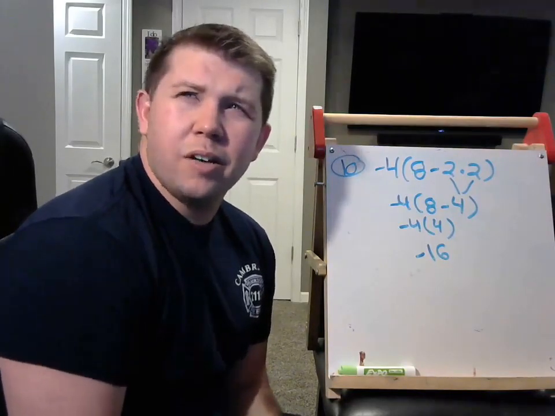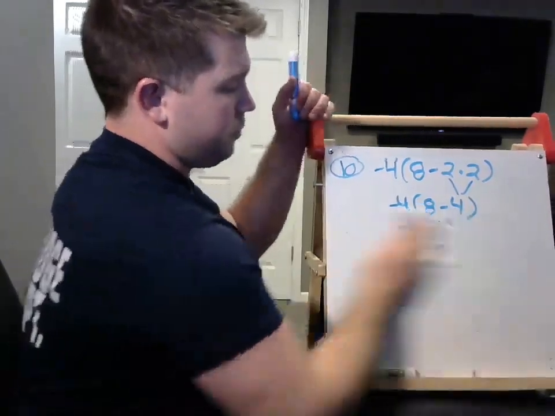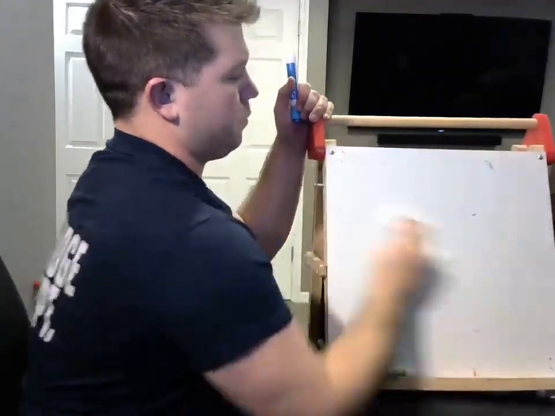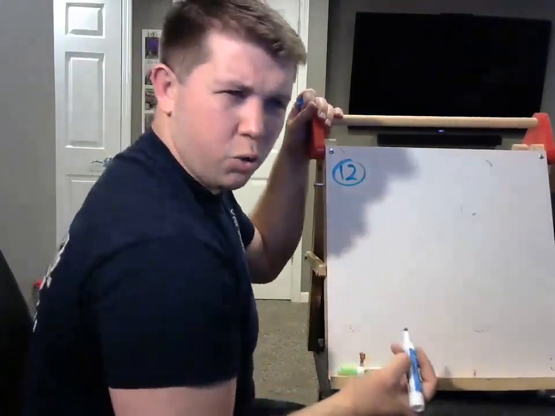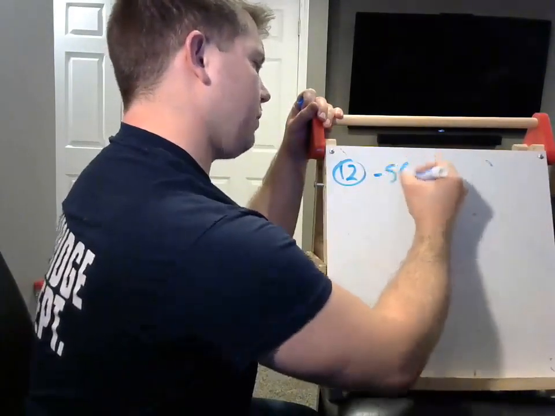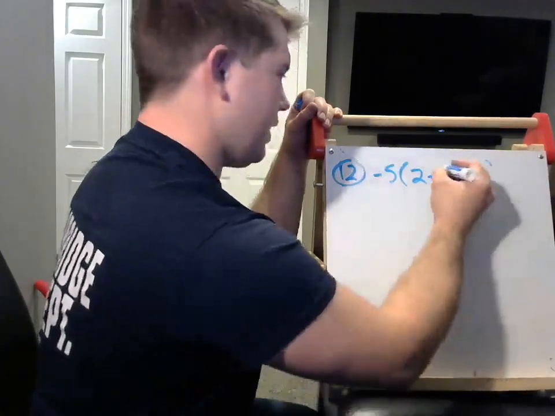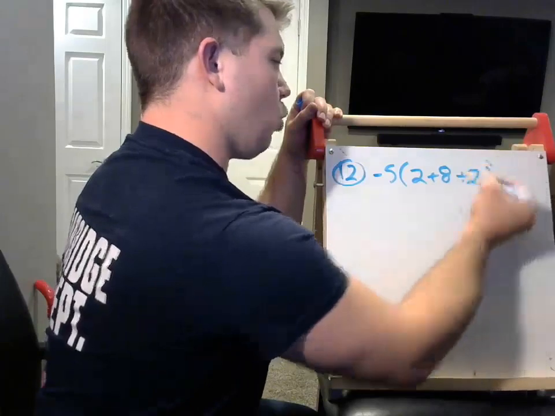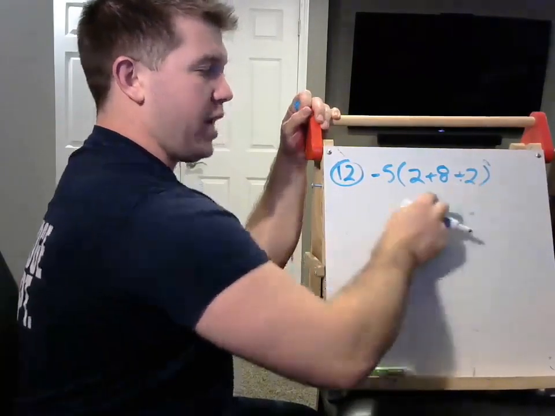Let me see. 12. Okay, 12 is the same situation. So 12 is a negative 5 times 2 plus 8 divided by 2. Now again, order of operations. We have to do what's in the parentheses, and we have to do division before we add.